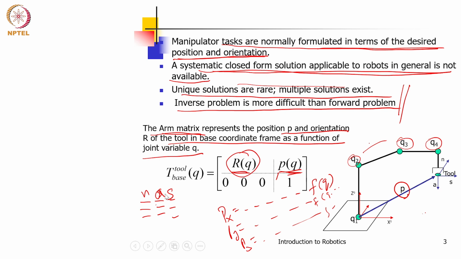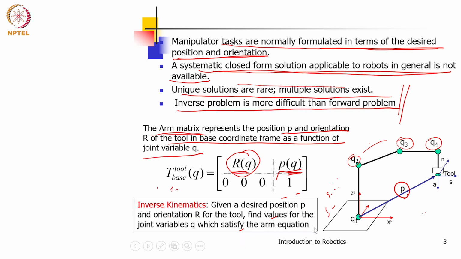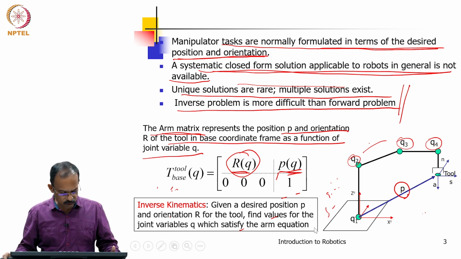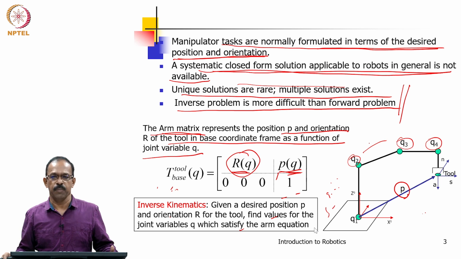Now, the question is how we can use these. Suppose we know Px, how can I find Q1, Q2, Q3? We have to start from the forward relationship and then solve this relation to find out Q. That is the requirement in inverse kinematics. Given the desired position P and orientation R of the tool, find values for the joint variables Q which satisfy the arm equation.